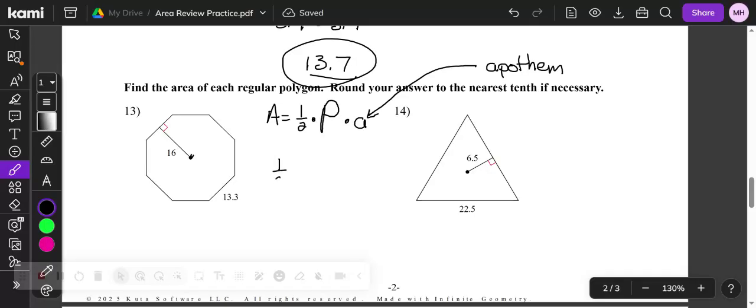So this one here, 1/2 times the perimeter. Now the perimeter would be all these sides added together, so 13.3, there's 8 sides. So the perimeter would be 106.4, and the apothem is given to me right there as 16. So 1/2 times 106.4 times 16 is 851.2.